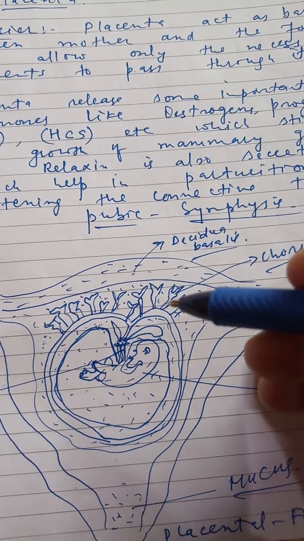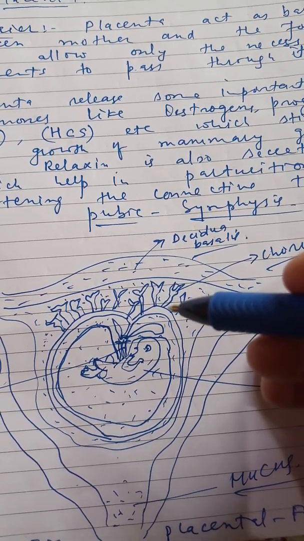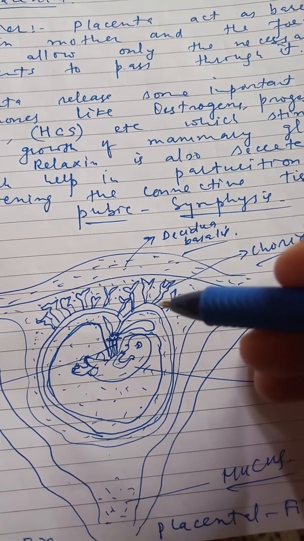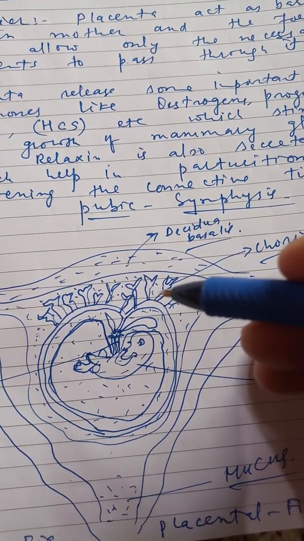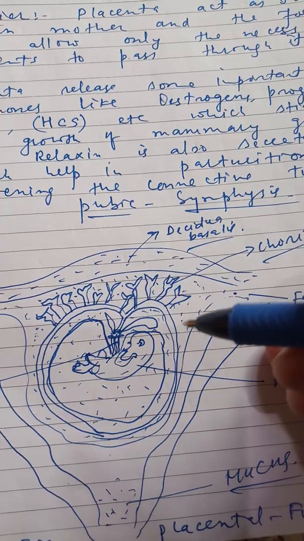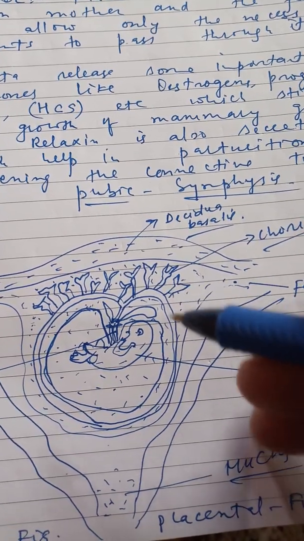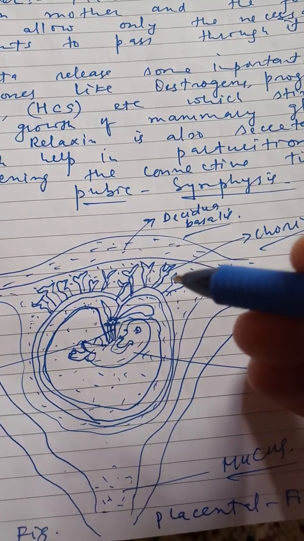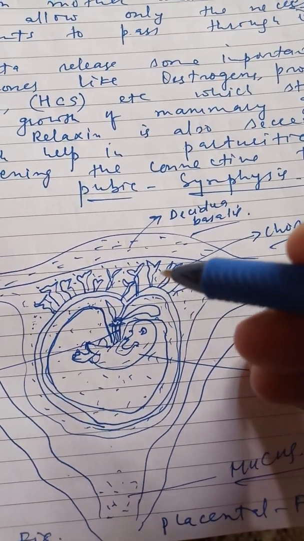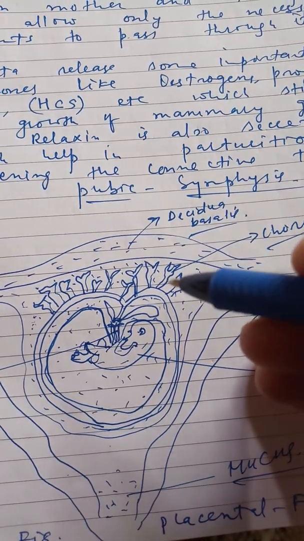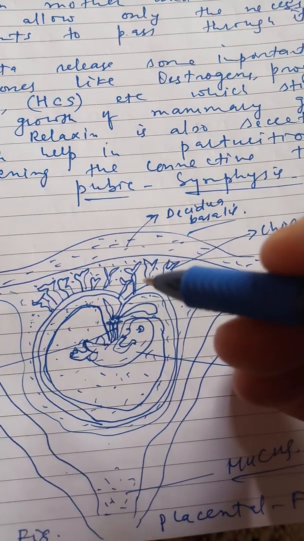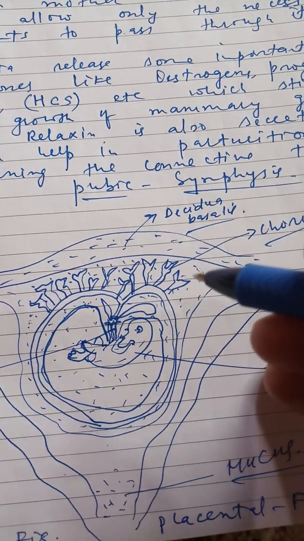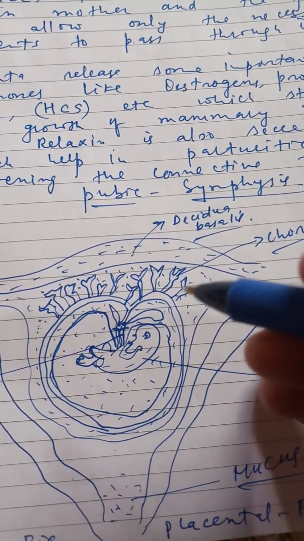Actually these chorionic villi invade so strongly into the uterine mucosa of the mother that they come into direct contact with the mother's blood. That is, these chorionic villi penetrate so deep and so strong that they are directly bathed with the mother's blood.